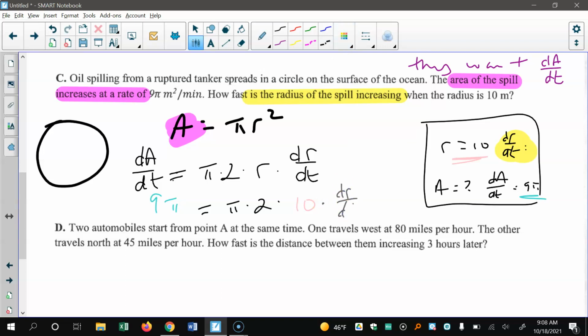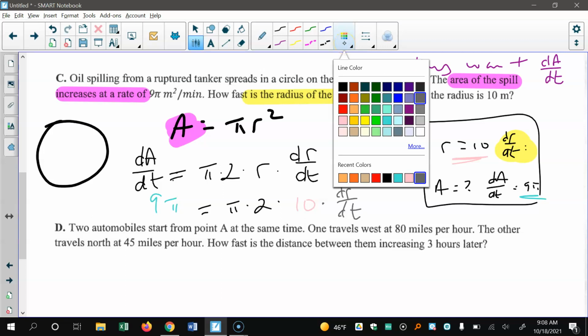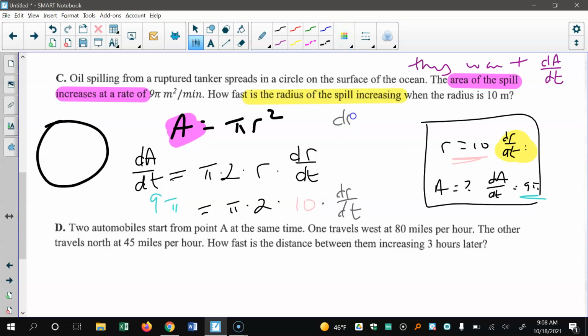I don't know what dR/dt is yet, but I can solve that now, because on the right side I get 20 pi. If I divide that over, I get 9 pi over 20 pi, and that's my answer. dR/dt is equal to 9 pi over 20 pi, which is really 9 over 20.